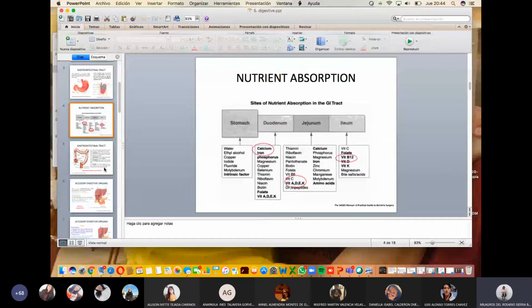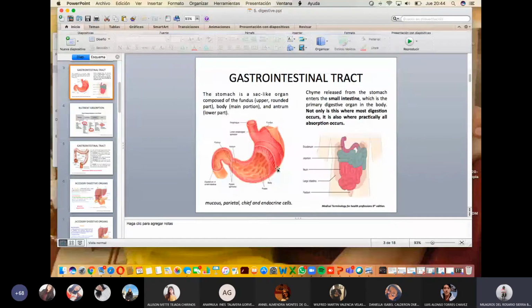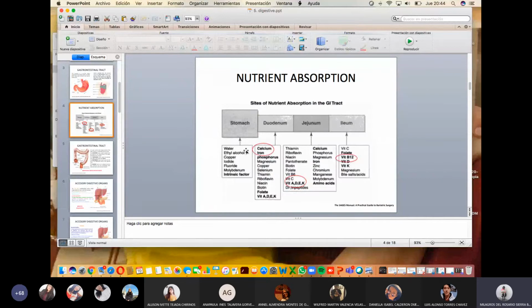So we talked about the stomach where most of the digestion occurs. Also in the oral cavity, by the amylase, there can be some part of the digestion, but usually it's basically in the stomach. Then in the small intestine, we have different parts that are related to different nutrient absorption.